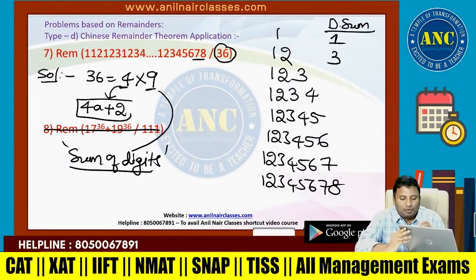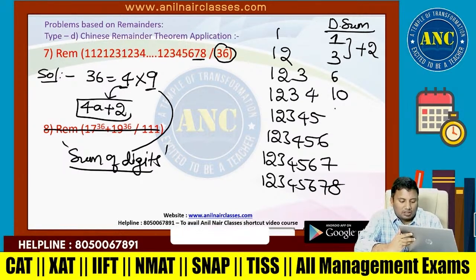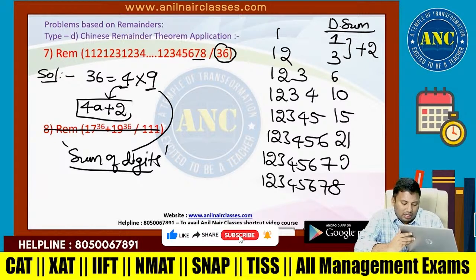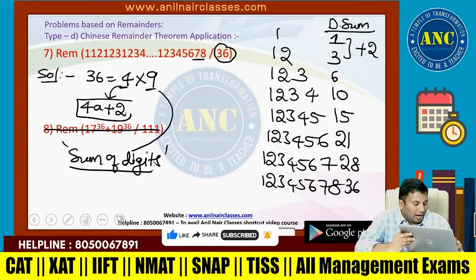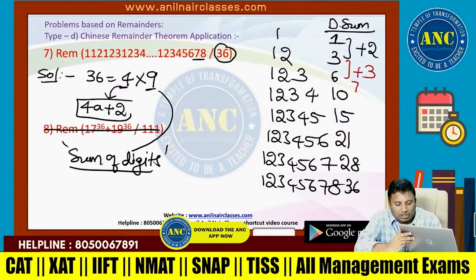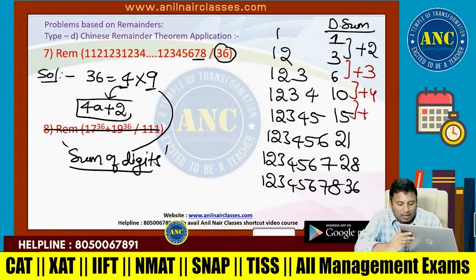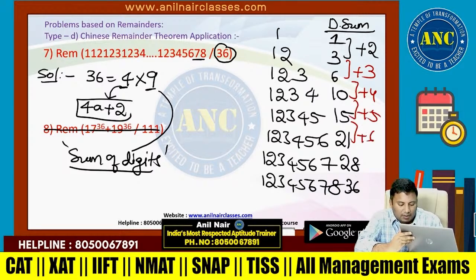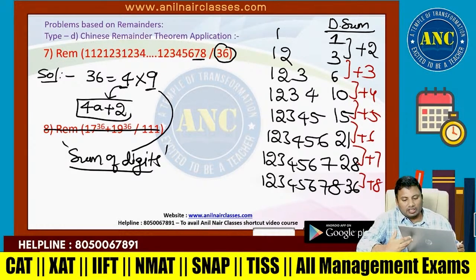If you observe, the next is plus 3, then plus 4, plus 5, plus 6, plus 7, and plus 8. The digital sum, the sum of the digits, should be divisible by 9.